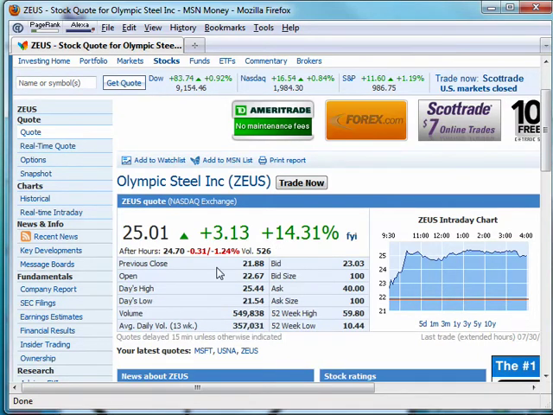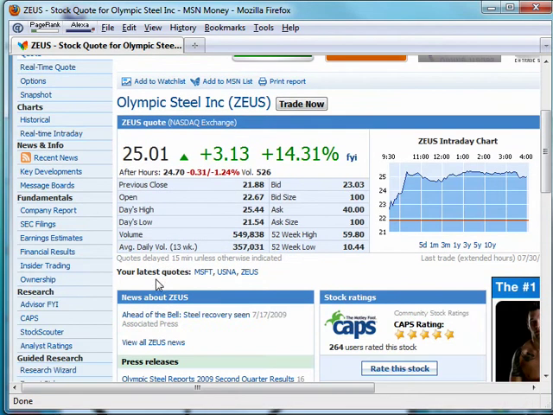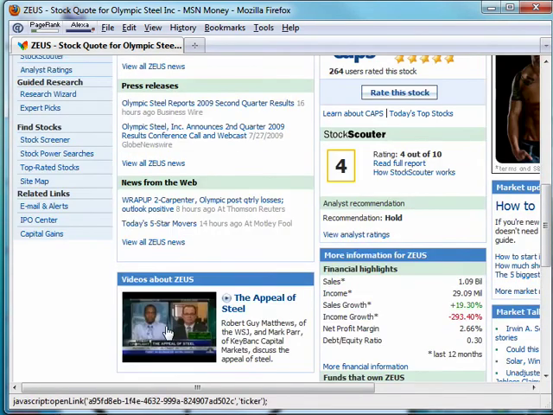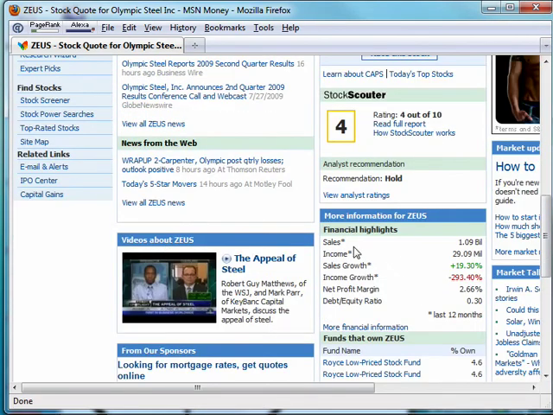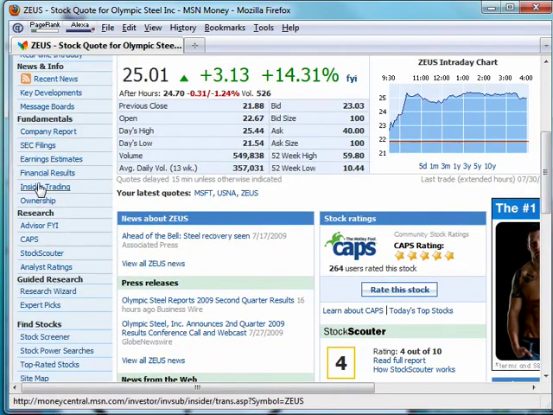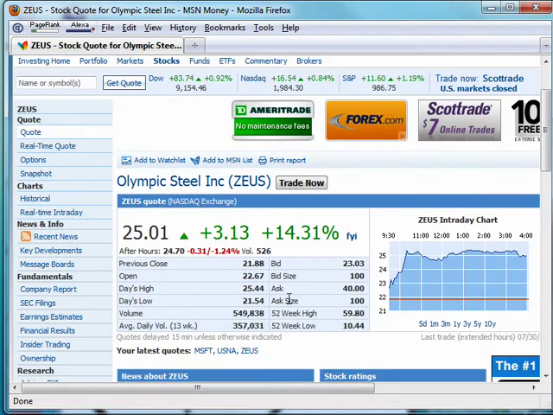Like I said, when you pull up a stock, you get the typical MSN screen with all the information that you could possibly want about the stock: today's trading information, recent news, any video releases, financial highlights, and of course all of the different research information that they have available over here.